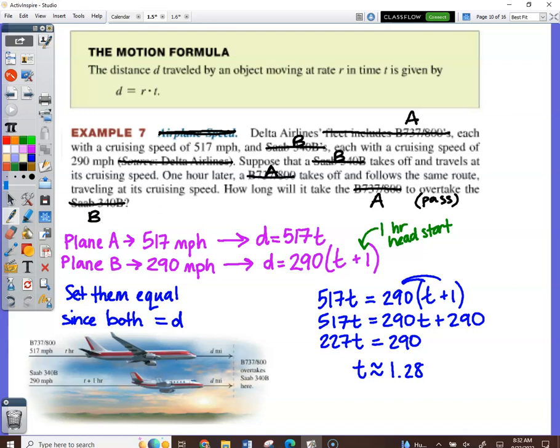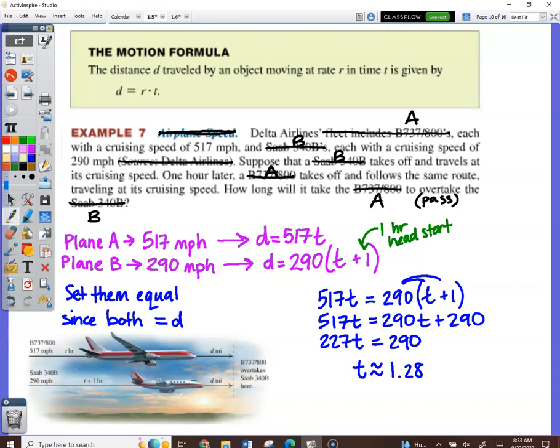What's the problem? It's a decimal. If I asked how long it is going to take for the plane to pass the other plane, and you told me 1.28 hours, that doesn't make sense, does it? Now, if it said 1.5 hours, it'd be nice, but life's not that simple, right? So we have to translate this, okay?